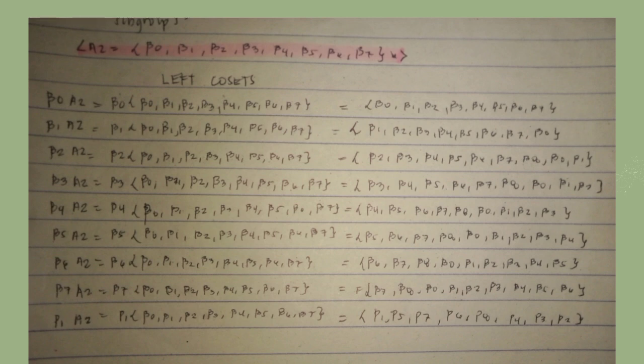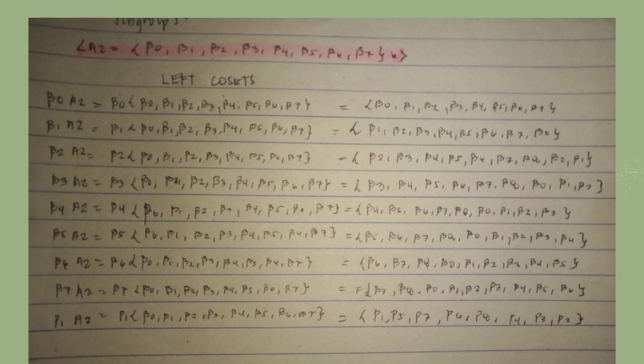For example, we have B sub 0 multiplied by the A sub 2. The A sub 2 contains B sub 0, B sub 1, B sub 2, B sub 3, and so on and so forth. So we will get B sub 0, B sub 1, B sub 2, B sub 3, B sub 4, B sub 5, B sub 6, and B sub 7.